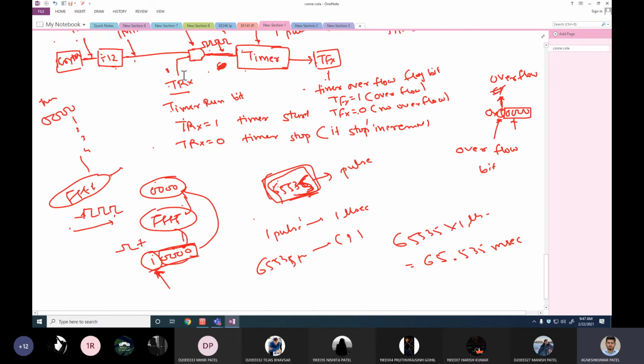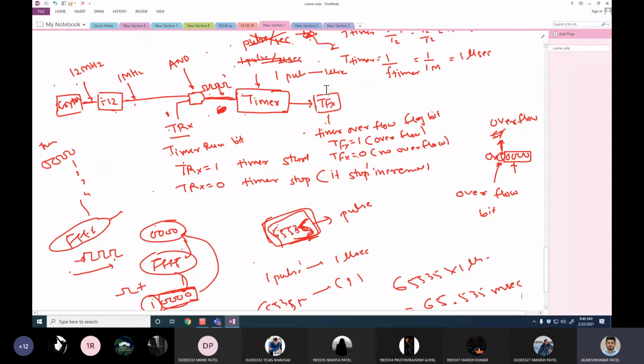After 65.535 millisecond, my timer overflow will appear. That's one way to say it, or I can say it the other way: as soon as I receive the timer overflow bit, that means the timer has been running for 65.535 millisecond.